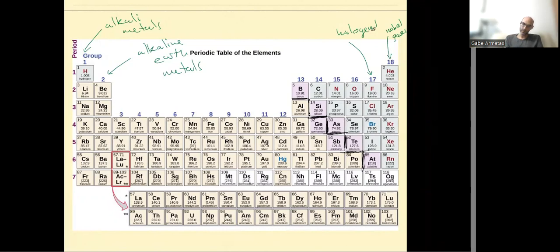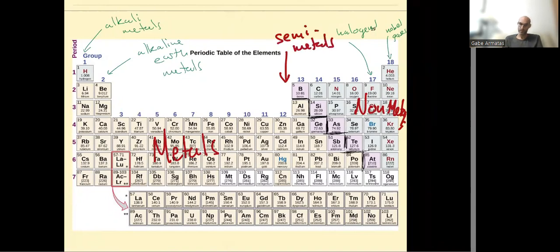So metals on the left-hand side, non-metals on the right. Semi-metals, or sometimes called metalloids, are all of the ones that are on that staircase, all of the purple ones in this case.